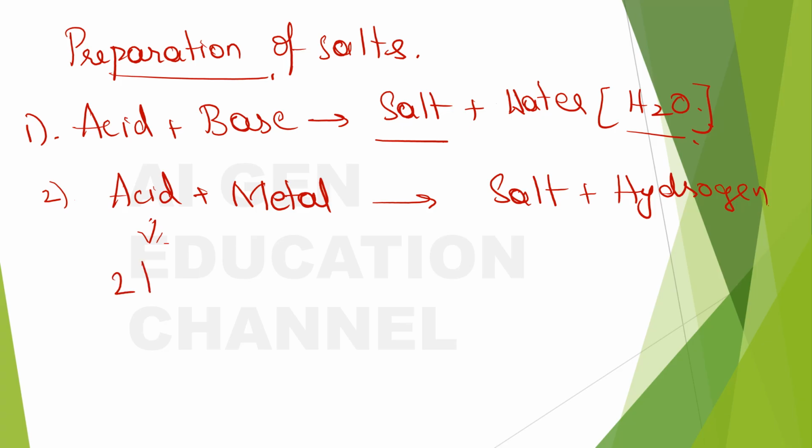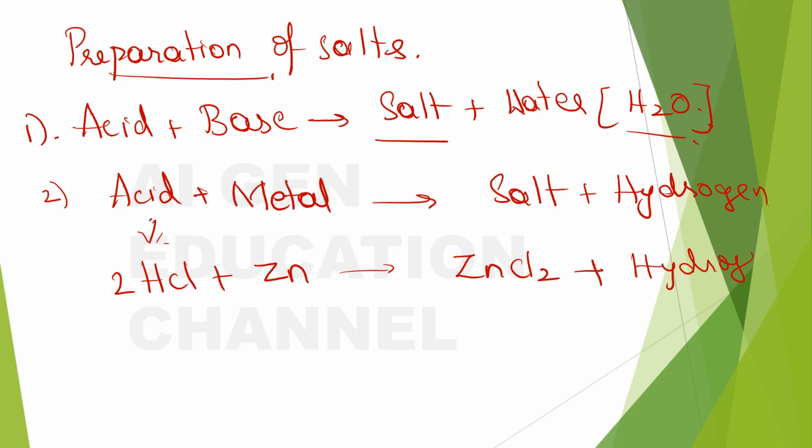So we will take hydrochloric acid and take any metal. What you get is a salt and hydrogen. So this is the reaction. Sorry, H2. When hydrochloric acid reacts with zinc, we get zinc chloride and hydrogen. Fine. So acid plus metal will also give us salt and hydrogen. What we want here is salt.